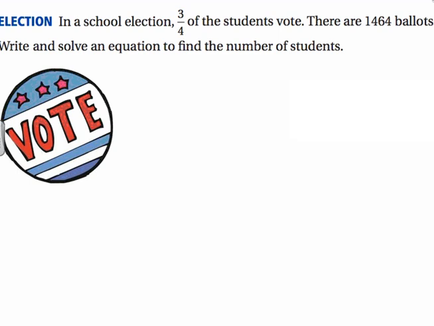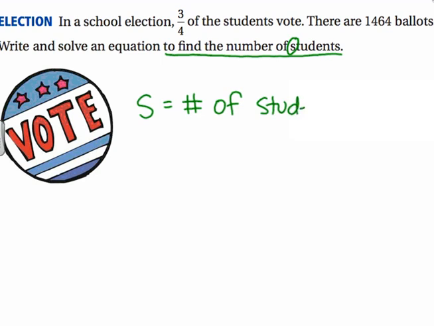Okay, so let's start by defining a variable. It tells us that we need an equation to find the number of students. So I'm going to use S to represent the number of students in the school. Now let's break it down piece by piece. It says 3/4 of, and "of" is typically going to be multiplication.